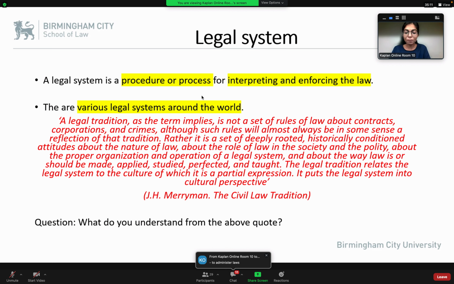So who will be part of this executive? Ministers, enforcement officers, civil servants, all of them will come under the executive branch. Third, of course, we have the judiciary, and the judiciary is to interpret laws, and of course, to resolve disputes. So that's the system that we generally have.